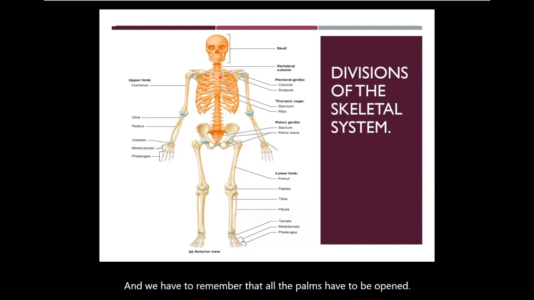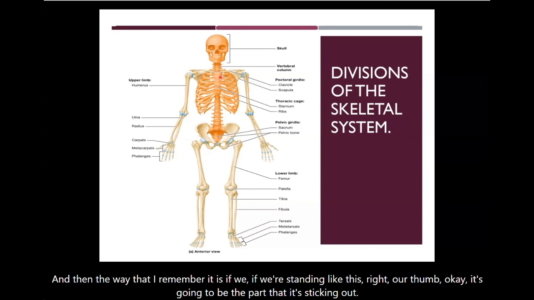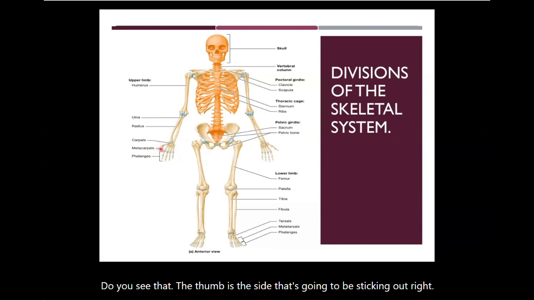We have to remember that the palms have to be open, right? And then the hands on the side, like this. And the way that I remember it is if we're standing like this, our thumb is going to be the part that's sticking out. Do you see that? The thumb is the side that's sticking out, right? Always that side is going to be the side with the radius.